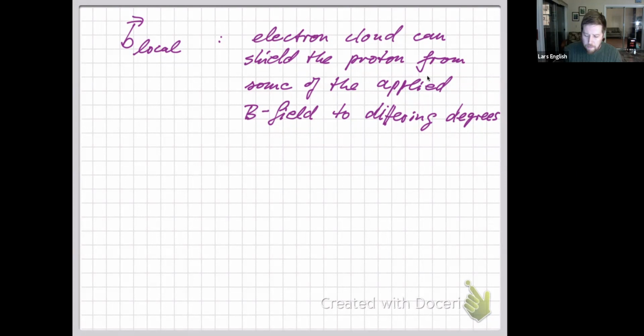So what the nucleus feels in terms of a magnetic field might be different from the applied B naught. It can be slightly reduced by the electrons around that nucleus. Sort of a quantum mechanical effect.